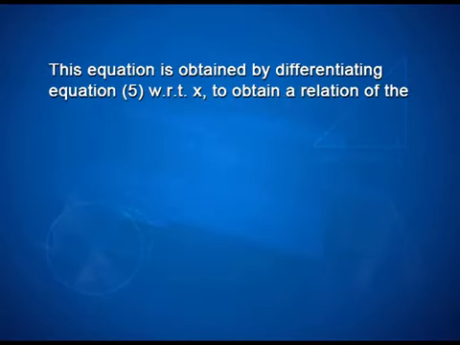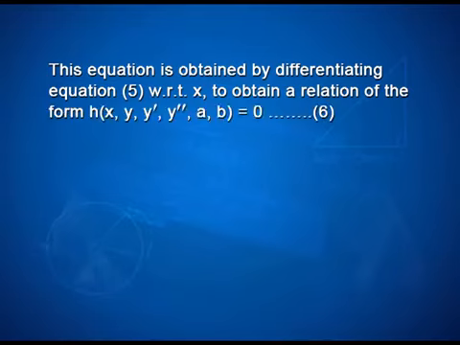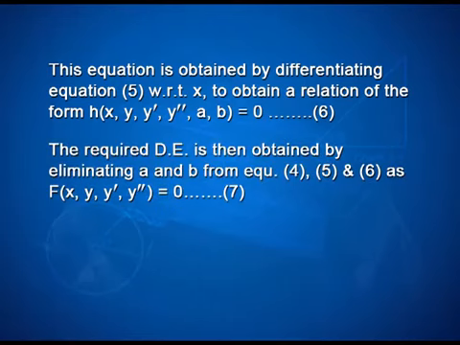This equation is obtained by differentiating equation 5 with respect to x to obtain a relation of the form h(x, y, y dash, y double dash, a, b) is equal to 0. This is equation 6. The required differential equation is then obtained by eliminating a and b from equations 4, 5 and 6 as f(x, y, y dash, y double dash) is equal to 0.